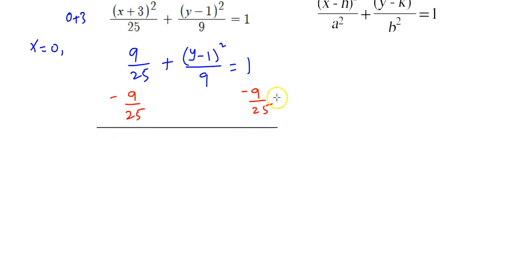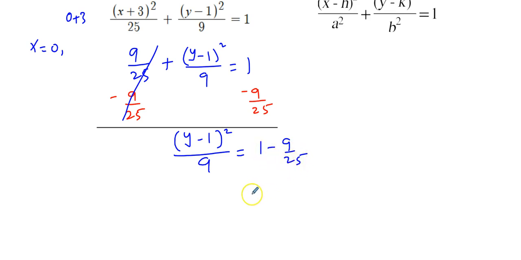So we get, cancel off these two, (y minus 1) whole square over 9 is equal to 1 minus 9 over 25. That gives you 25 times 1 is 25, minus 9 is 16 over 25. On the left hand side, I have (y minus 1) whole square over 9.